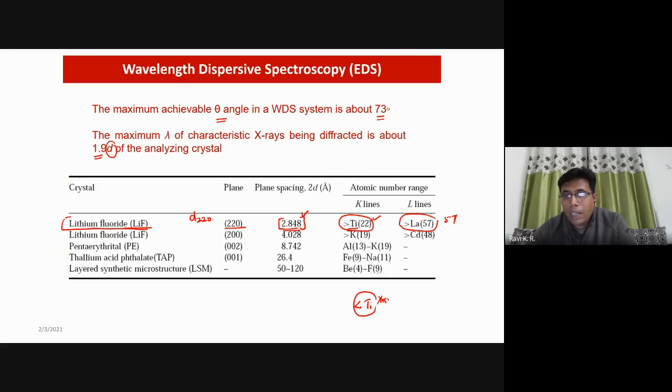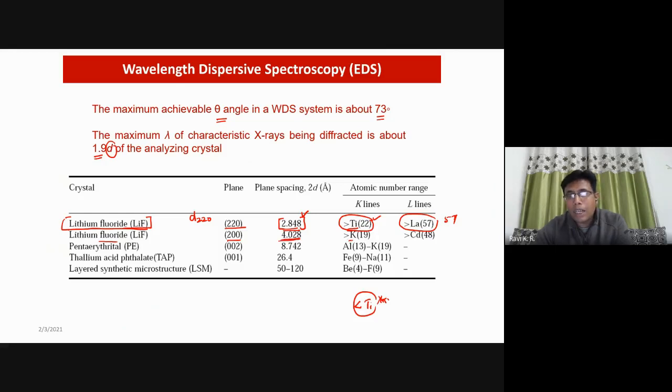K alpha lines you are going to get only after atomic number 22. Any element lower than 22, you are not going to get anything out of this particular crystal. Then you have to use another crystal. Lithium fluoride in the 200 direction has a different d spacing.